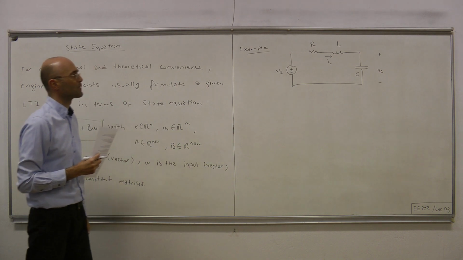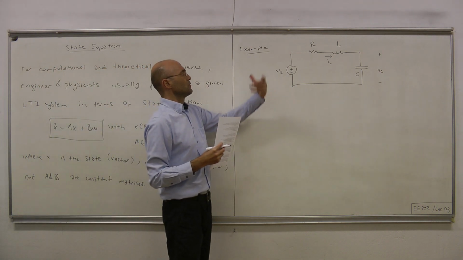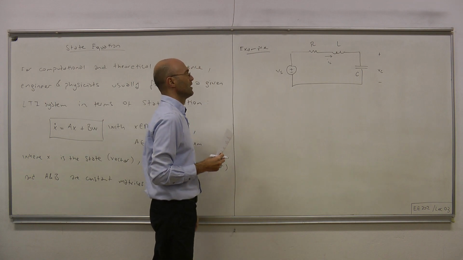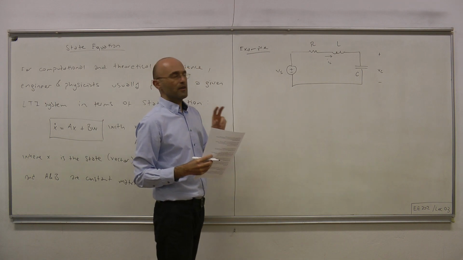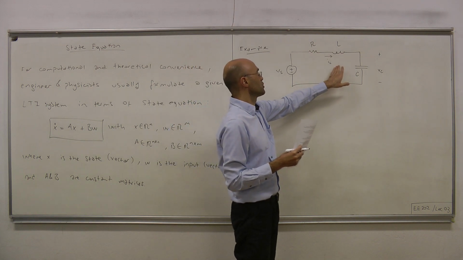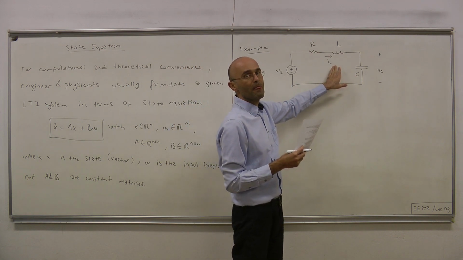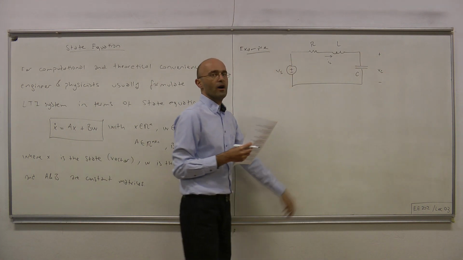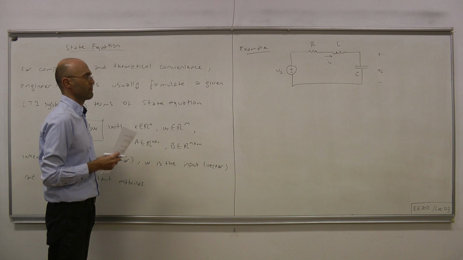Say by solution we mean the capacitor voltage. For that we need two things besides the parameters: initial conditions, namely initial inductor current and initial capacitor voltage, plus the input voltage waveform.